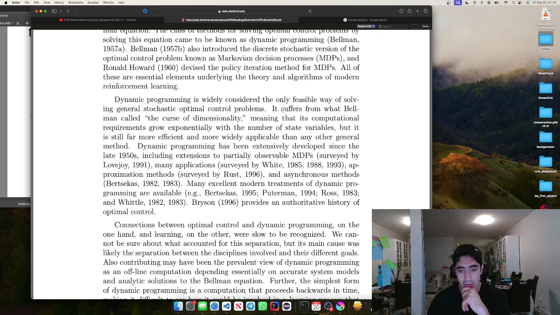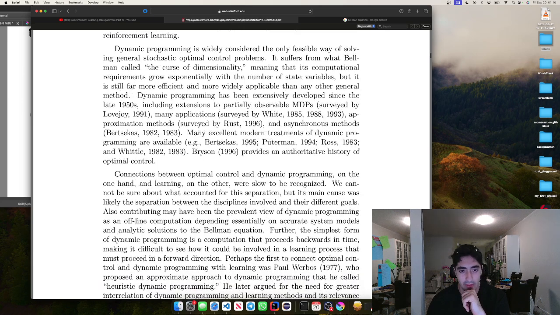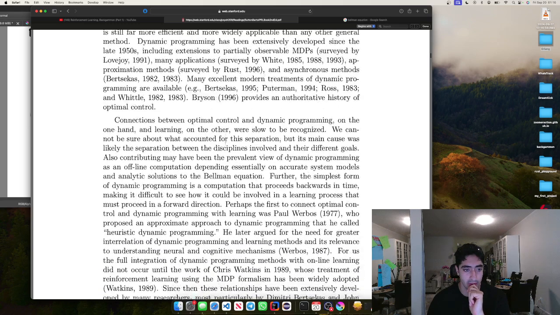Many excellent modern treatments of dynamic programming are available: Bertsekas 1995, Puterman 1994. Bryson 1996 provides an authoritative history of optimal control.